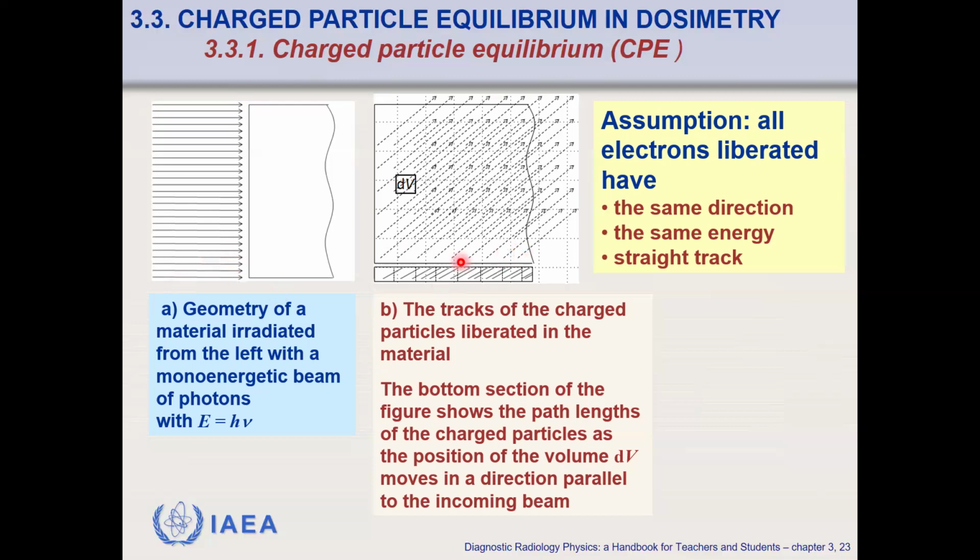So here, the tracks of the charged particles liberated in the material are shown. فينا نشوف إنه directions are the same. So here the assumption is that all electrons liberated have the same direction, the same energy, and they have a straight track.